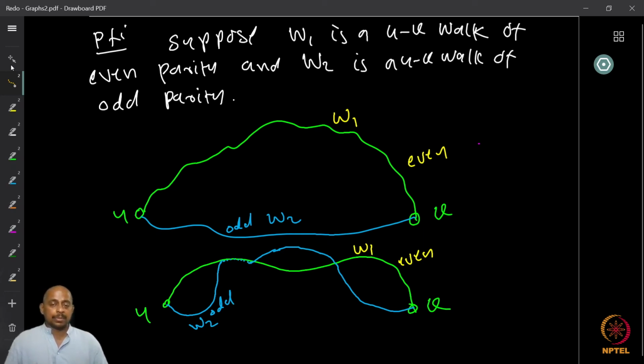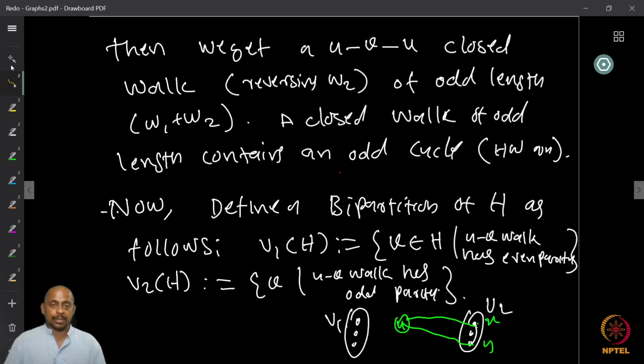Once you have the property that every closed walk of odd length contains an odd cycle, you will see that the graph must contain an odd cycle, which is a contradiction. So the U to V, V to U closed walk, which is the walk W1 plus the W2 reverse, contains an odd cycle.